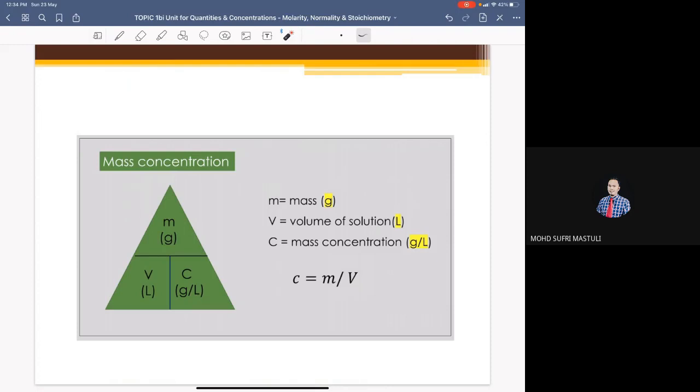Therefore, the unit of concentration is gram per liter. This is mass concentration, because we are using mass.